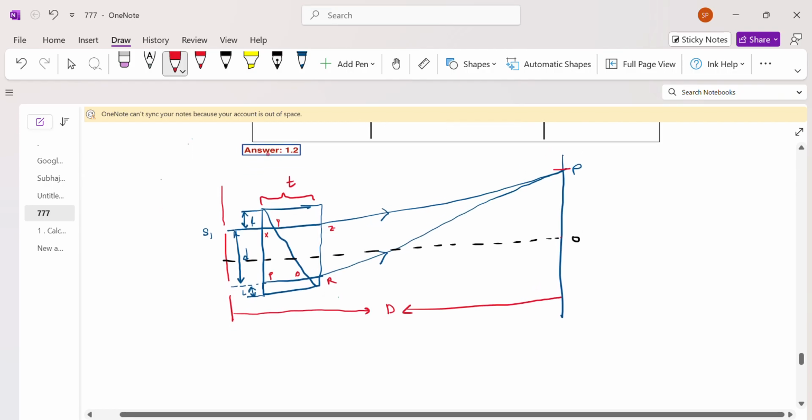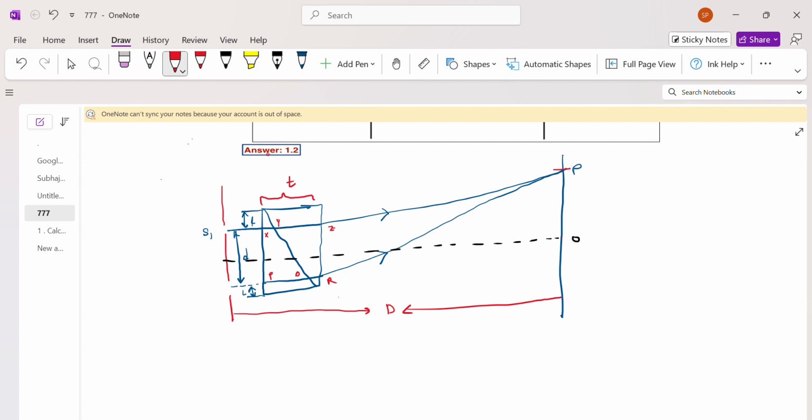Let's say this XY, which is shown over here, is equal to A, and this YZ is equal to T minus A. These are a few things I would like to note down first.